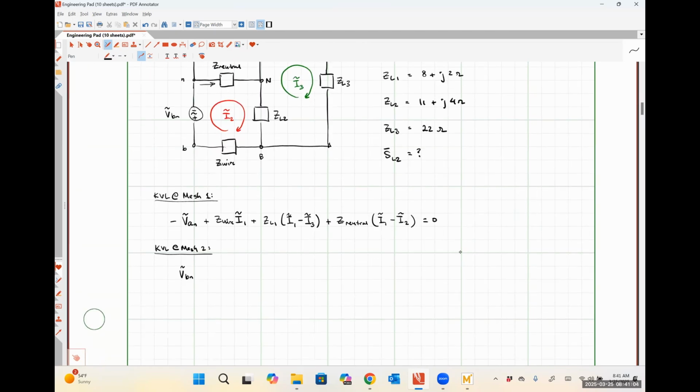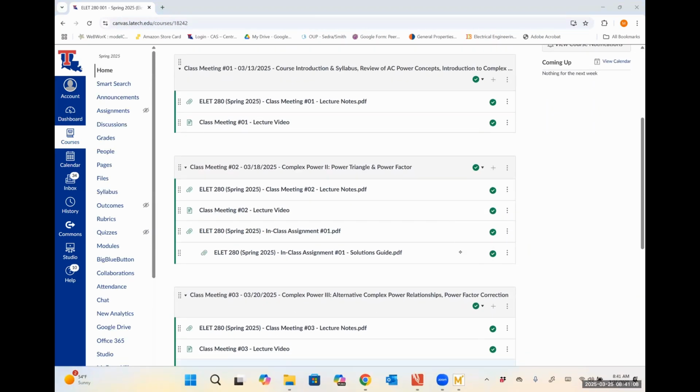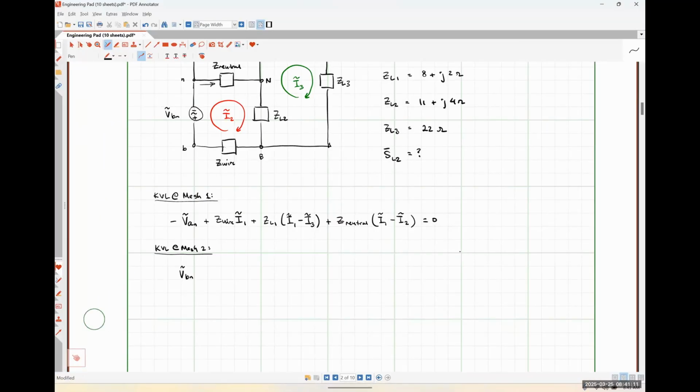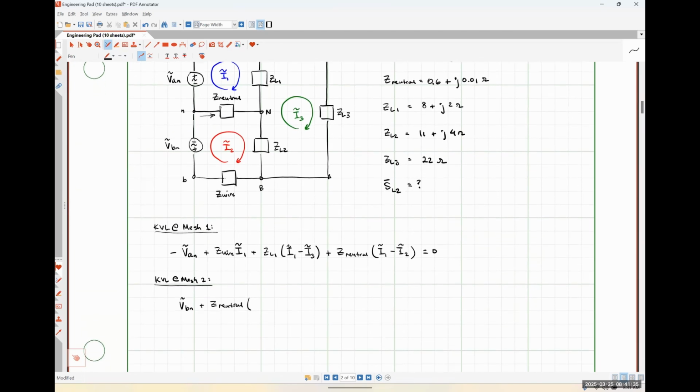So you're close. So we have Z neutral. So you said I1 minus I2, okay? So I1 minus I2 is the current that's flowing from right to left through that guy. I'm looking for the current that's flowing from left to right, so I should just swap the order. Exactly right. So it'll be I2 minus I1.